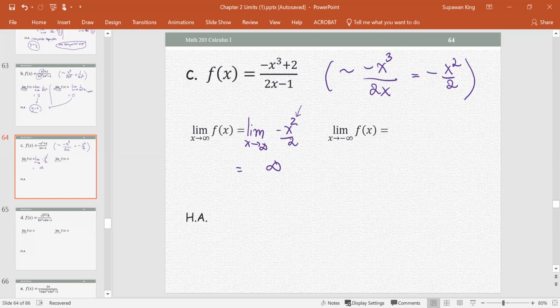What do you think? Would that be negative infinity or positive infinity? Think about the number. Negative, good. Josh, did you say something? I said, is it negative? Yeah, it is negative.